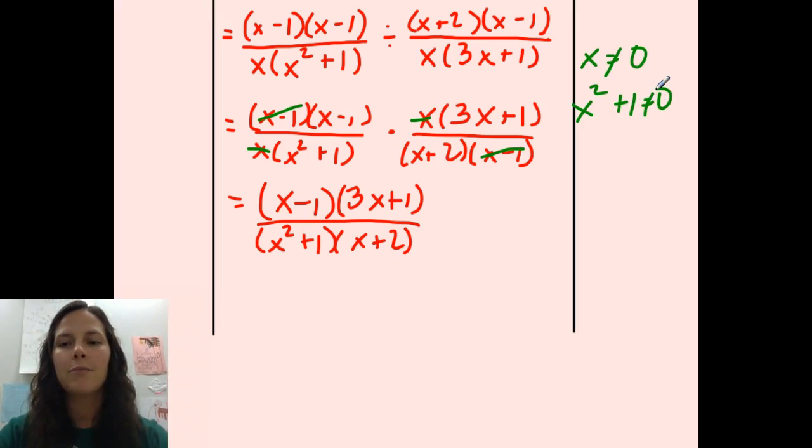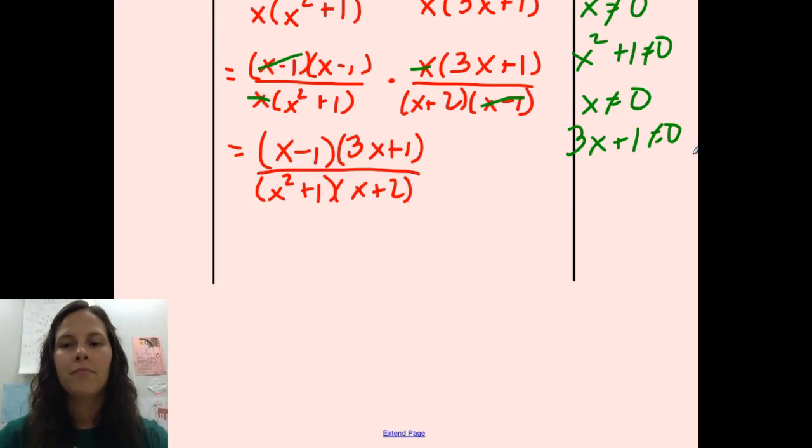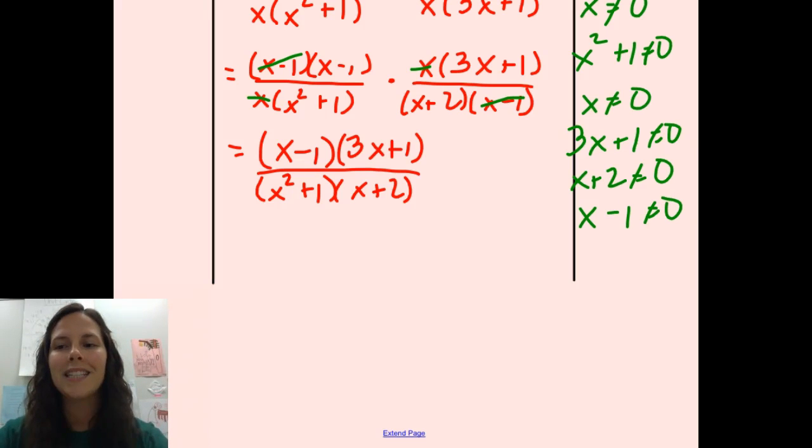From the second expression, we had x, and 3x plus 1 cannot equal 0. After we flipped, we had x plus 2 in the denominator and x minus 1 in the denominator. So all of these expressions we need to set not equal to 0 and solve.